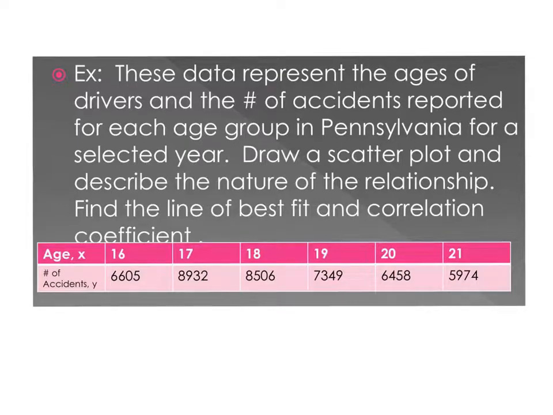So now we want to look at the scatter plot. We're going to look at the scatter plot first. And where you want to go now is, so go hit the stat plot button. That is above the Y equals on your calculator. So you've got to hit the second key or whatever and then stat plot.